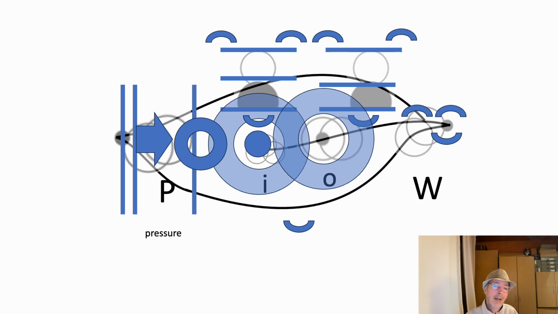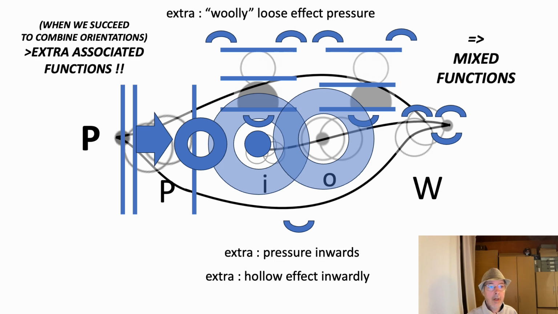So with the L in the larger area that we are connecting to. When we succeed in making this synthesis of combining the functions that are in the letters themselves, we create the extra associated functions that are present in the word.